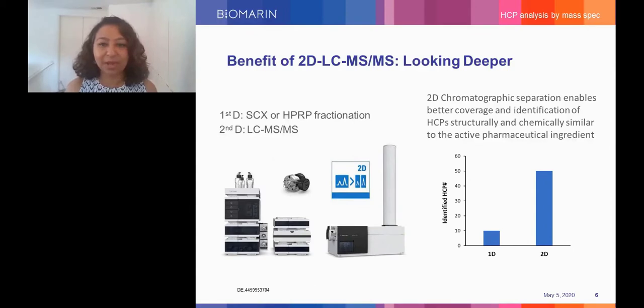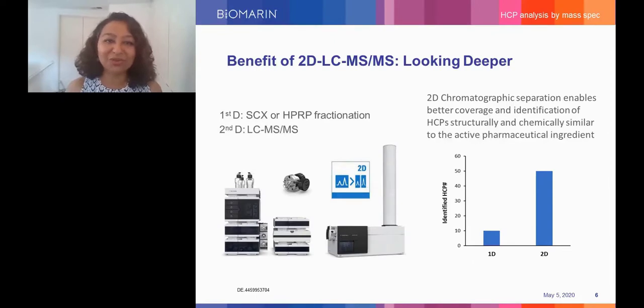These days, it's quite nice to use high pH reverse phase, referred to here as HPRP. And this kind of method allows you to do online reverse phase of two kinds that are slightly different, so you get a little more coverage through the 2D chromatography.